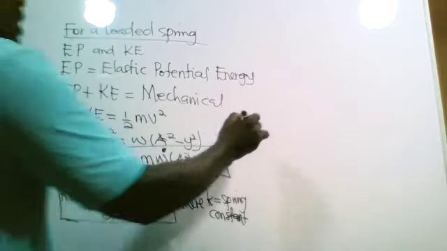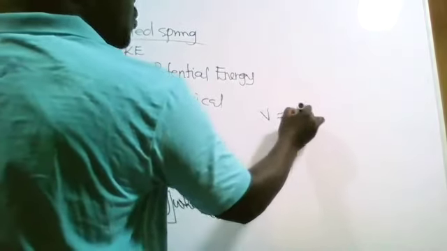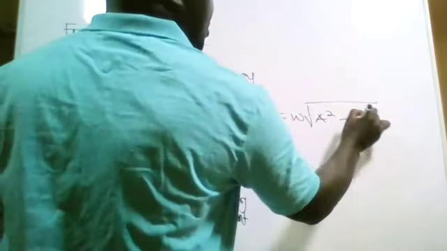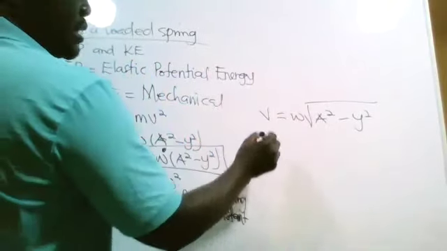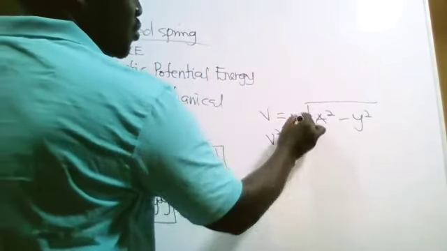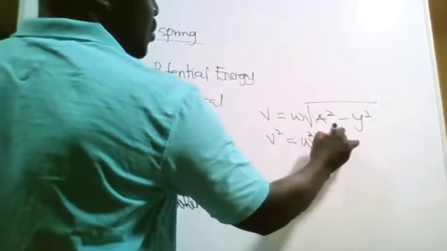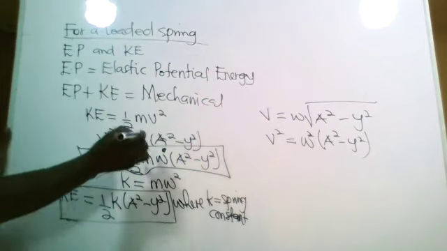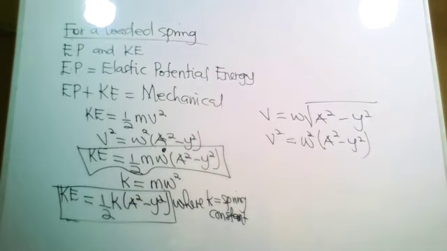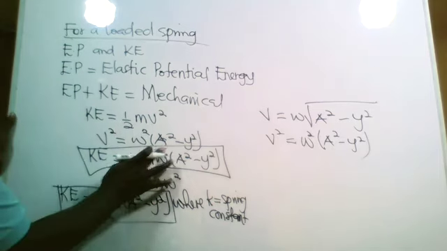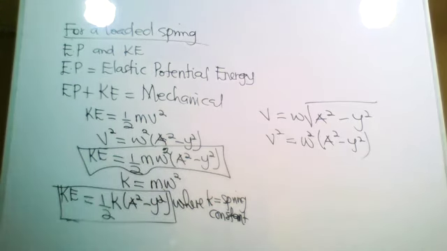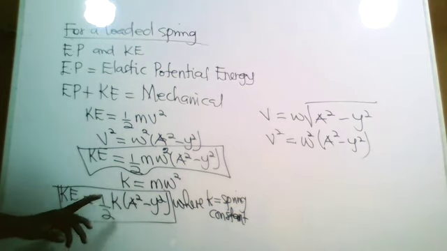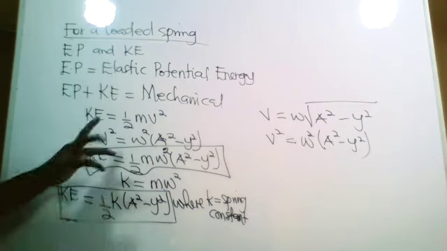It is from here: v is equal to omega times the square root of A squared minus y squared. So if you square this, v squared will be equal to omega squared times (A squared minus y squared), isn't it? So it has to be squared here. So this is the kinetic energy for a loaded spring, either this or this.